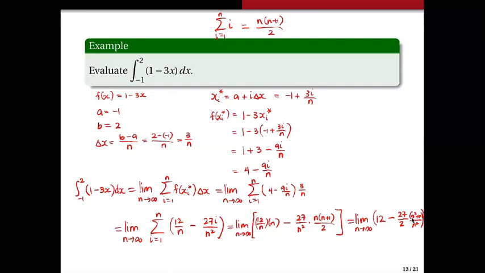So we have n squared plus n in the numerator and n squared in the denominator. If we take the limit, the coefficient of n squared in the numerator is 1, and the coefficient of n squared in the denominator is still 1. So we will end up with 12 minus 27 over 2, which is equal to negative 3 halves. Okay?